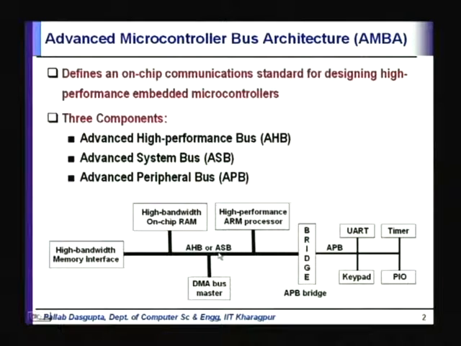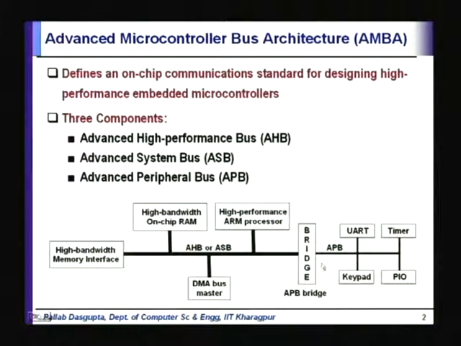In other words, this bus has higher bandwidth than the bus on this side. There is a bridge between the bus on this side and the bus on this side, and on this side we have the APB, which is called the peripheral bus of the AMBA bus architecture. The peripheral bus, as the name suggests, is used to connect the peripherals to the architecture. Peripherals like the UART, the timer, the keypad, these are all part of the low performance bus.